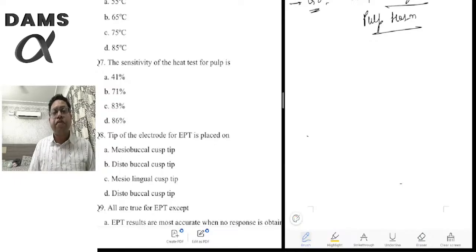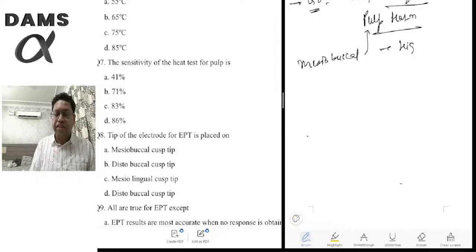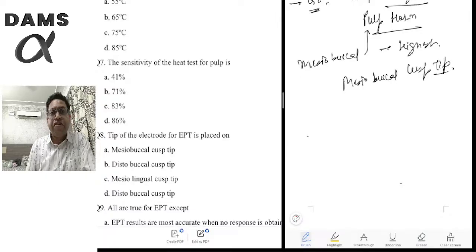And if we have knowledge of dental anatomy, we know that the mesiobuccal pulp horn is the highest. So we would prefer the mesiobuccal cusp tip for placing the electrode of the electric pulp tester in sensibility testing of posterior teeth.